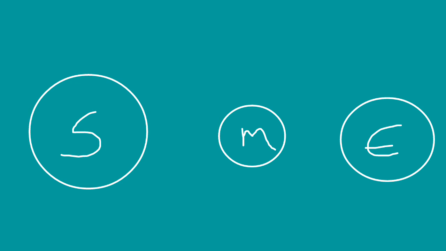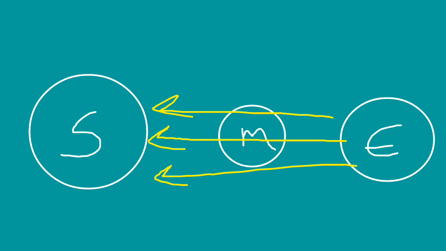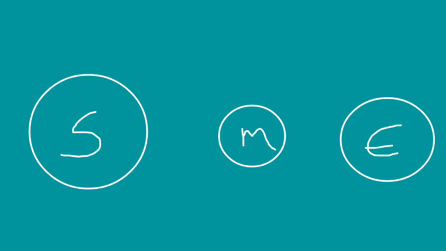When these events happen, the force of attraction of the gravity of the sun and the moon acts in one direction as compared to our earth. Here is the sun, here is the moon, and here is the earth. The moon and the sun exert gravitational force on the earth in the same direction, pulling it this way.